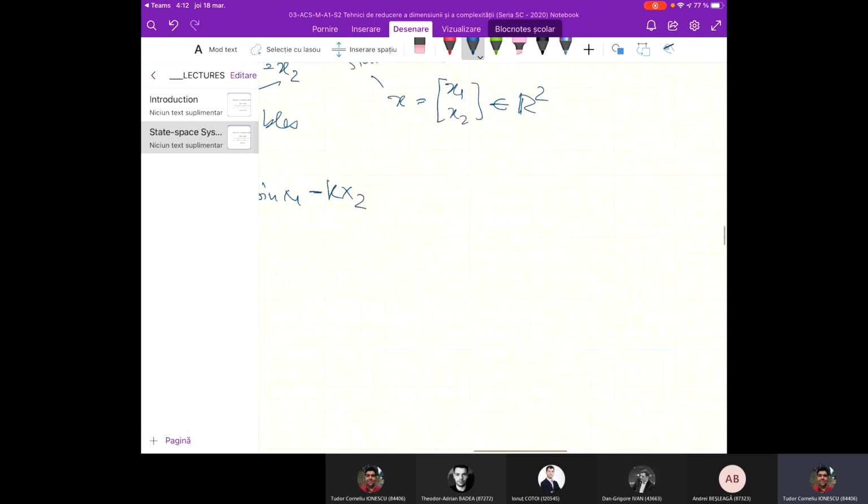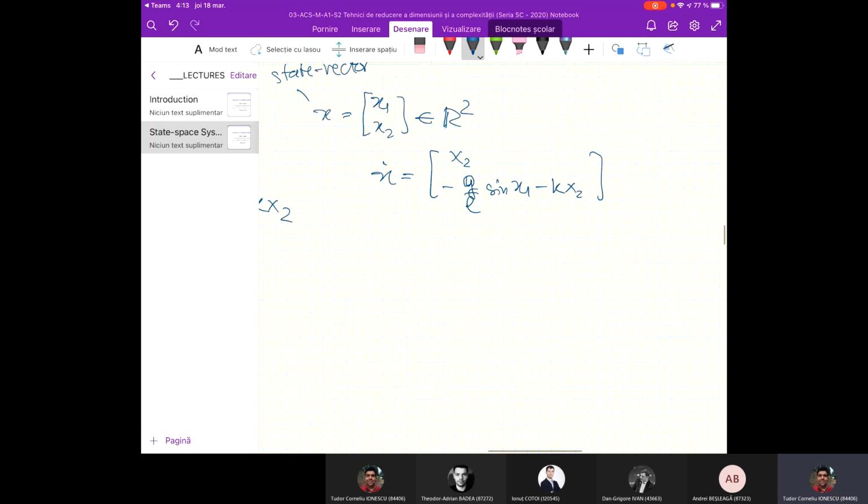So we can easily write that x dot is x2, and here we have minus g over L sine x1 minus k x2. We can call this f of x, and this is a nonlinear system. But we do not do nonlinear systems here for the time being, so we need a linear model.